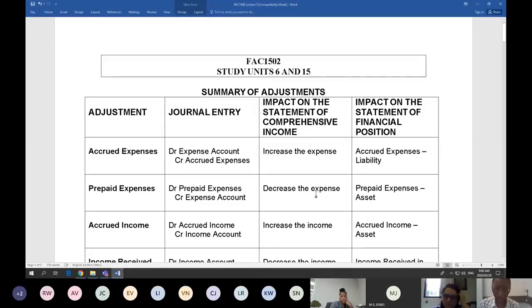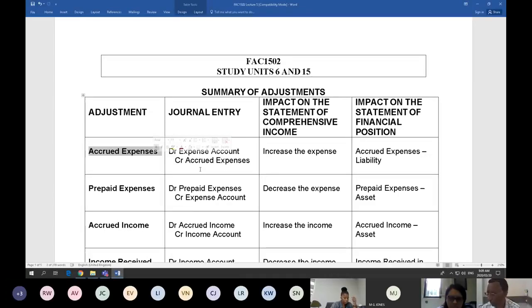The first adjustment that we're going to deal with is accrued expenses. Accrued expenses occur when you have expenses at the end of the financial year that have not yet been paid.